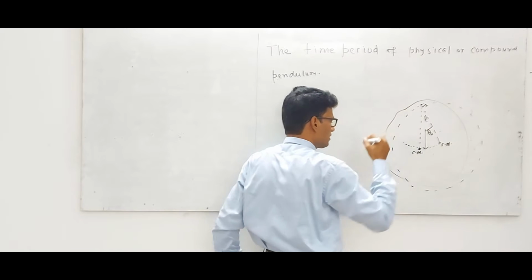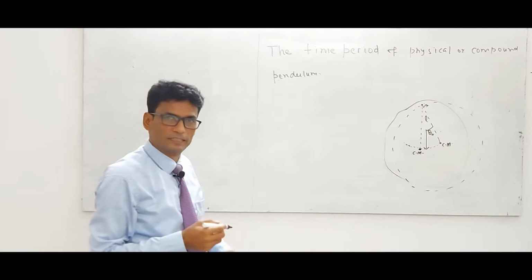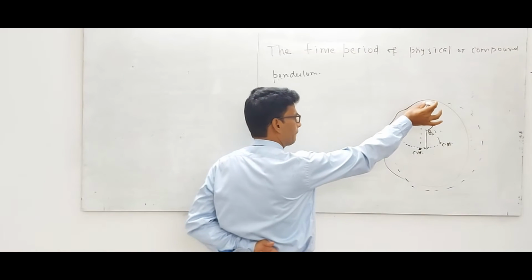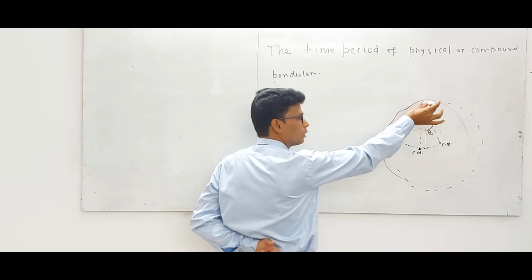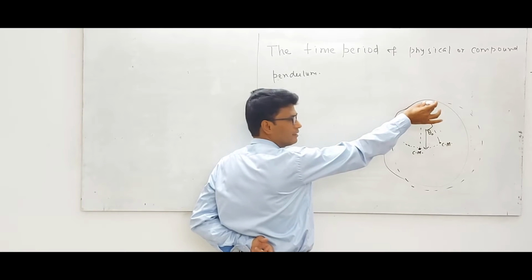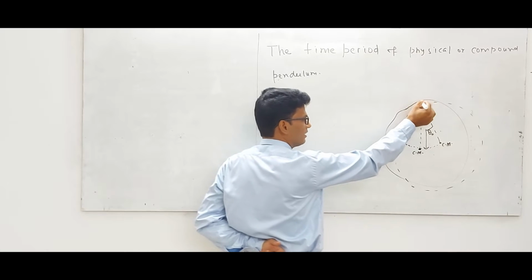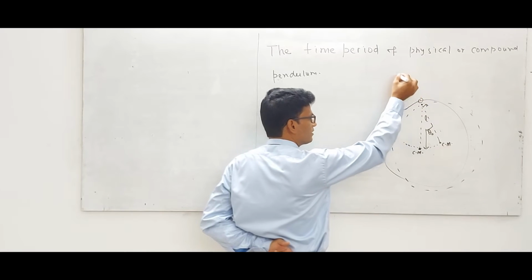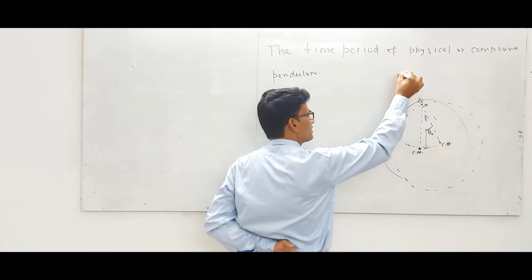So which axis does the body oscillate about? The axis is horizontal. Look at here. Body oscillates in a vertical plane about a horizontal axis. Say this is O, and suppose this is the axis, say O prime.